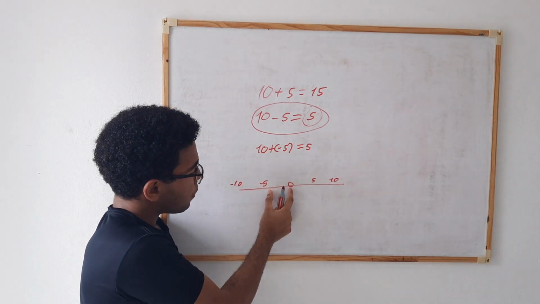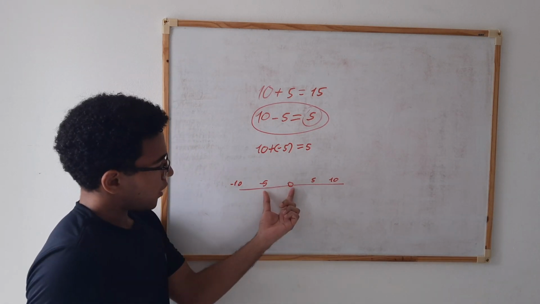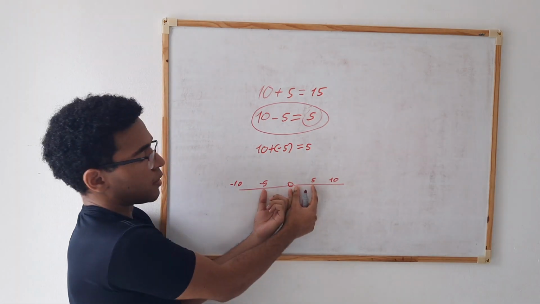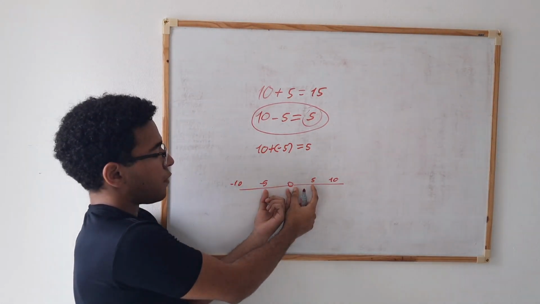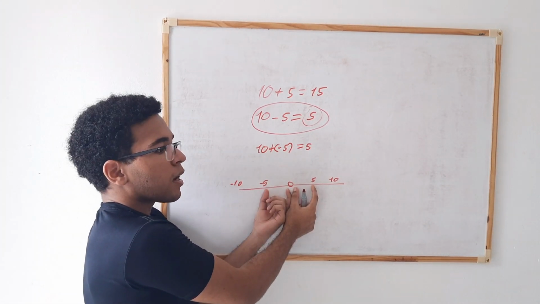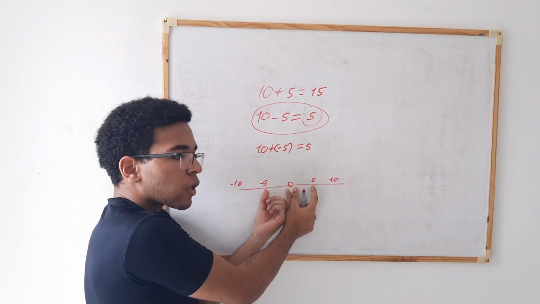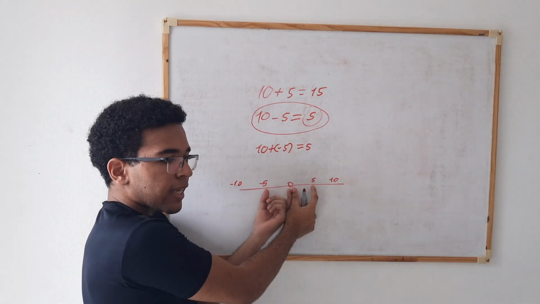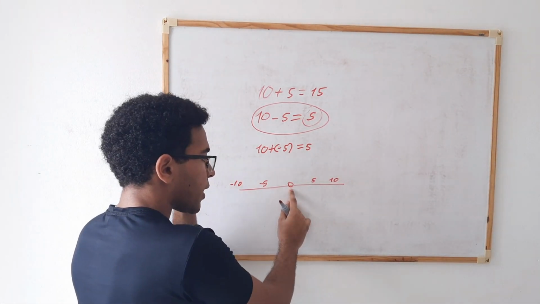I add this part here. This is going to be the very opposite of this, okay? So 5 and minus 5, they're opposites. So they cancel themselves, okay? So they find each other, they cancel themselves, they together reach 0, right?